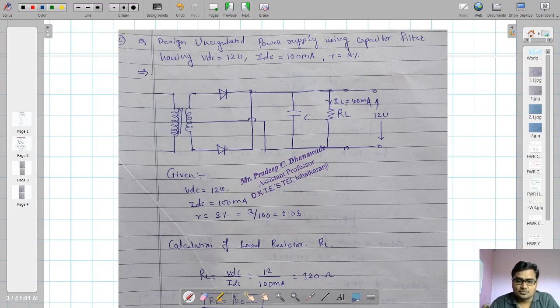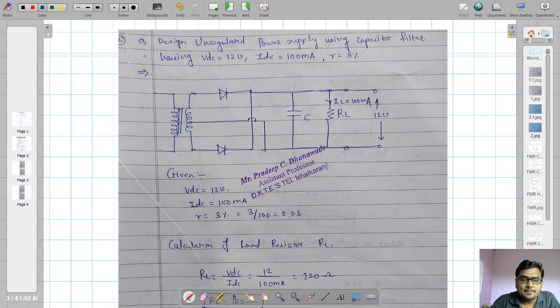So I have some old notes of mine that I have scanned and I'm putting them in front of you on the screen. It is just to save our time, because now I know the equations, I have the analysis, I just need to use those equations in the numericals. So to save our time, I'm just having this solved example on our screen. Let us start now.